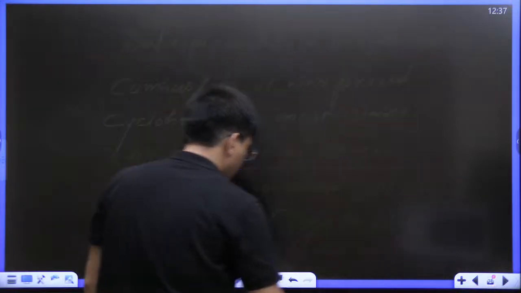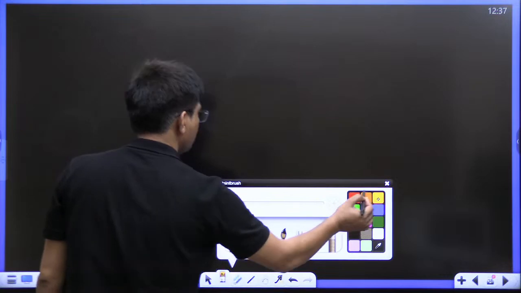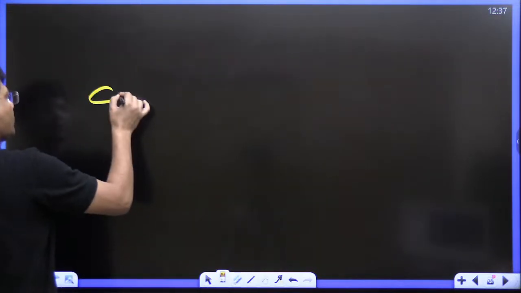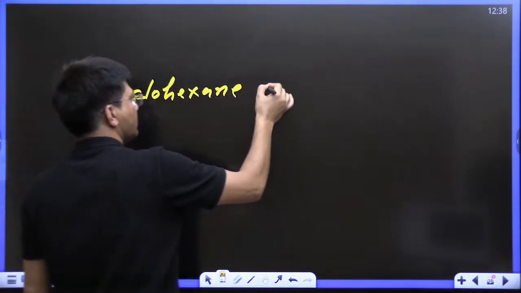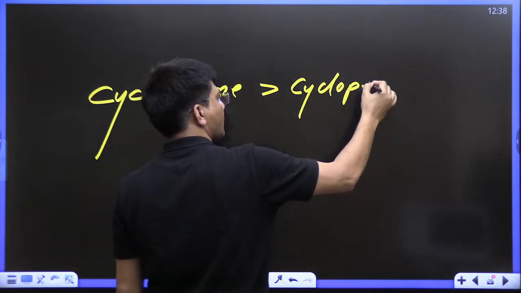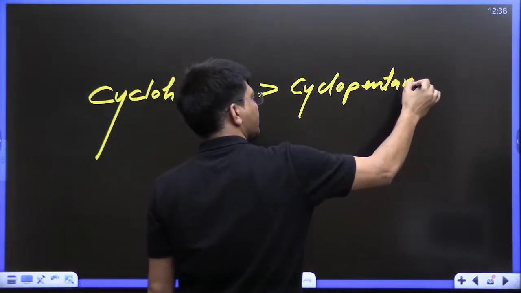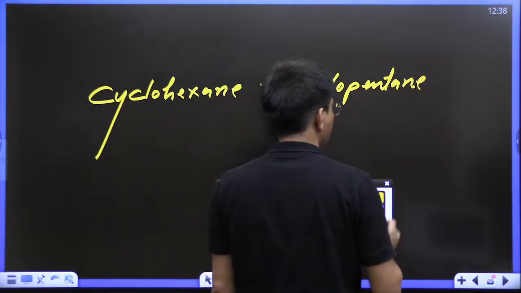So always remember, whenever you're talking about anything in chemistry, that the cyclohexane ring is generally more stable than cyclopentane, and cycloheptane and cyclopentane are considerable.